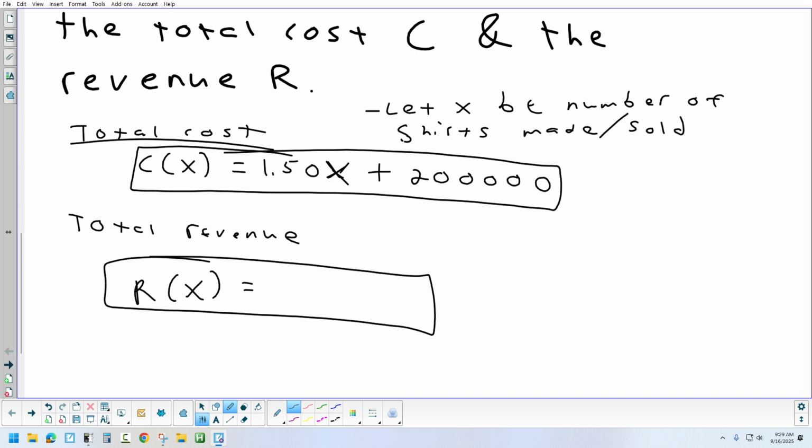It's kind of like a formula for the amount of money that should be in the cash register. That'd be 4x. Yep, that's the amount of money that the company takes in. Not saying it's all profit, but that's what they take in.